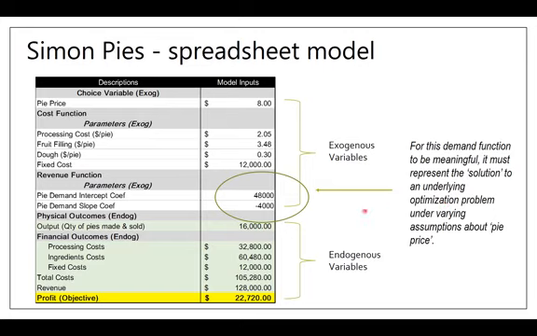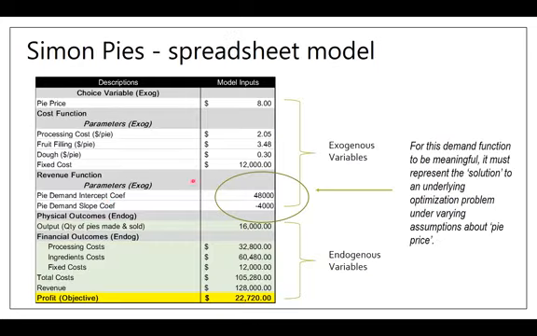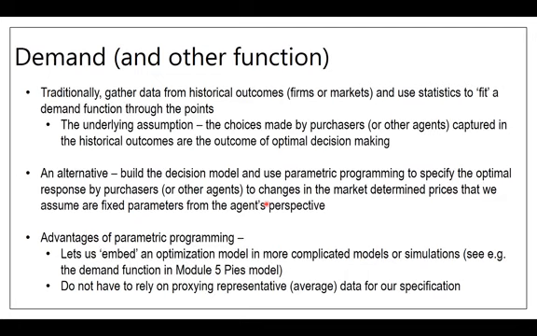It must be that this demand curve, this relationship, -4,000, is exactly what you would find if you could go back and solve the utility problem over and over and say, I want to now increase the price of pies by X amount. How much does Q adjust? If that isn't the underlying driver here, then we don't have the economic response in this model correct. And so that's really the essence, the definition of parametric programming.